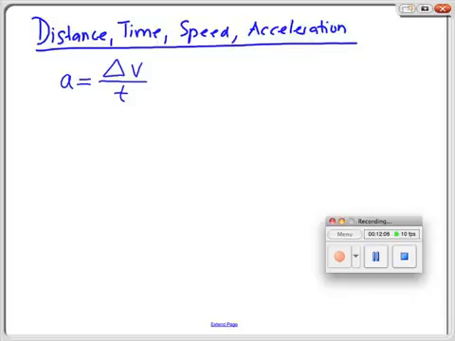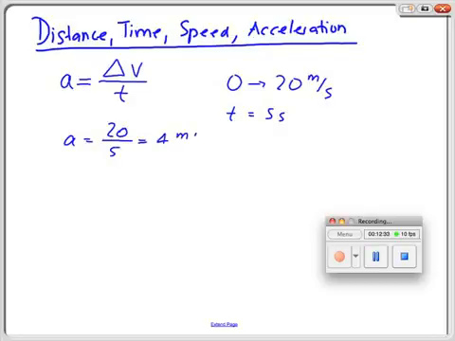If I had a car that starts off at 0 and goes up to 20 meters per second in a time of 5 seconds, then my acceleration would be 20, because the difference between 0 and 20 is 20, divided by 5. And that gives me 4 meters per second squared. It's a second squared because I have meters per second per second, and mathematically that's the same as meters per second squared.